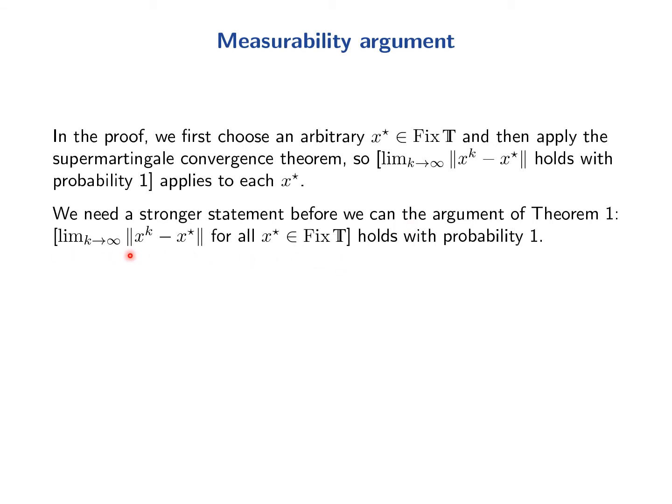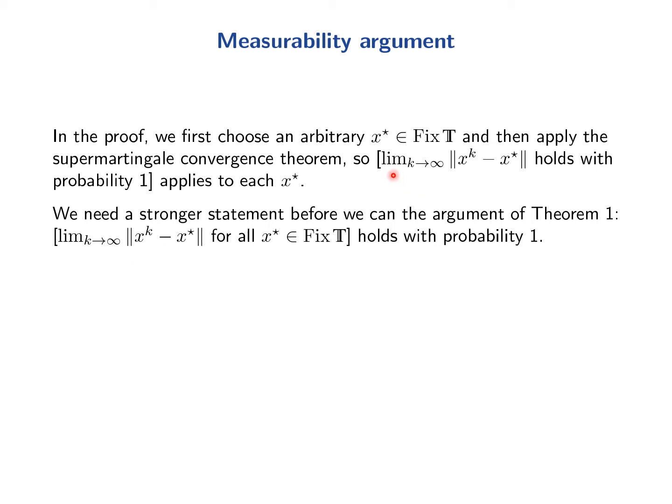It says that this limit needs to hold for every and all fixed points in the fixed point set. So we're looking at those sequences not just having this limit exist for a particular one, but all of them.